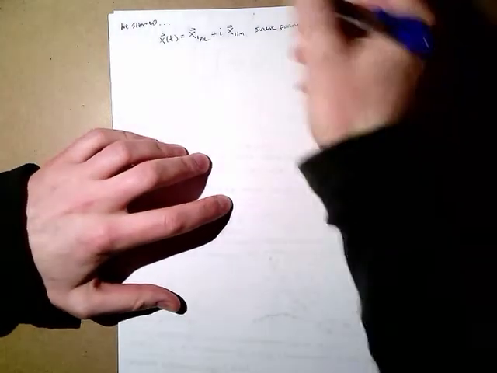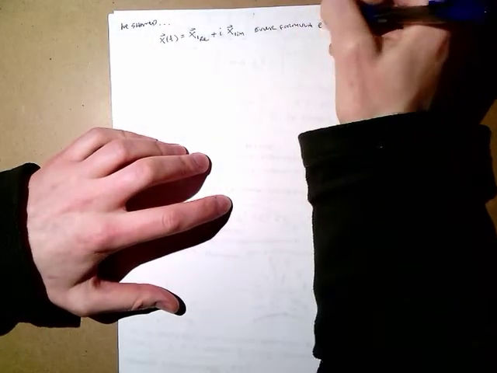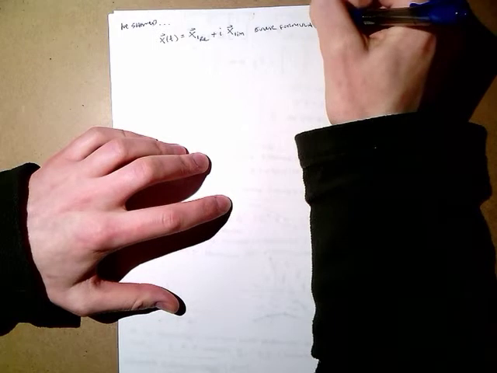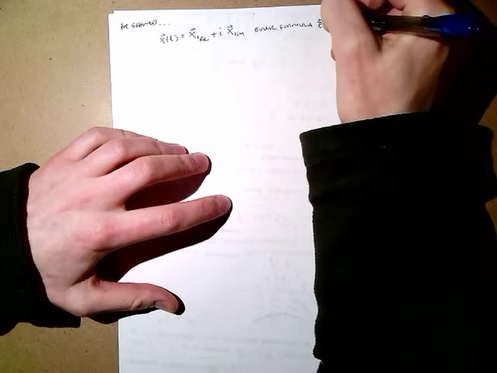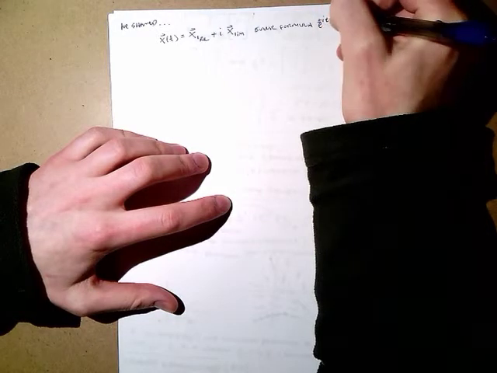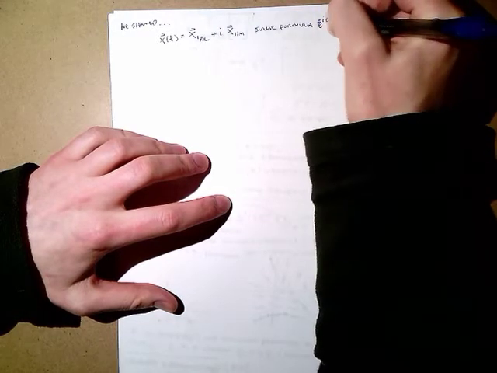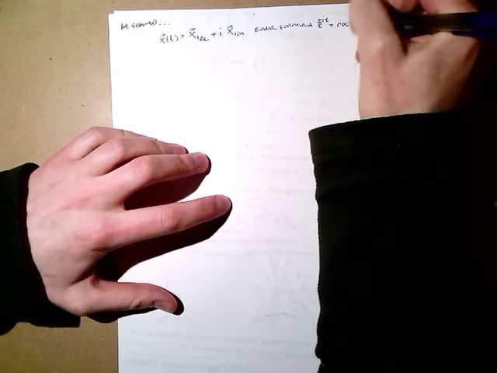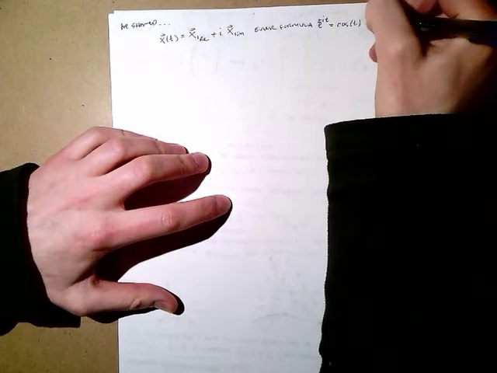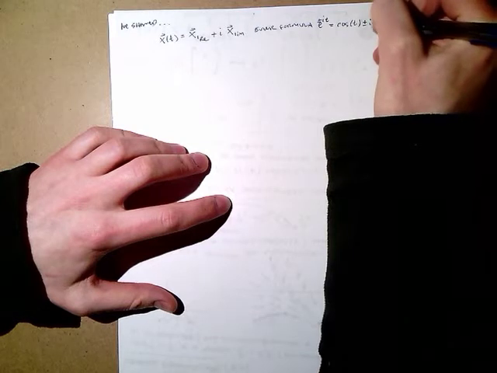And the Euler formula, of course, was something like this. If you have a complex exponential, say e to the plus or minus it, we can rewrite this as cosine of t plus or minus i sine of t.